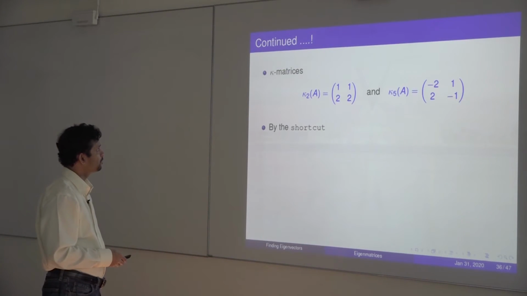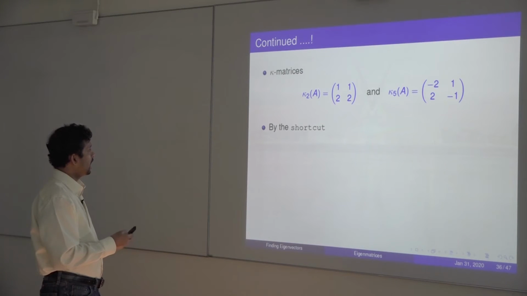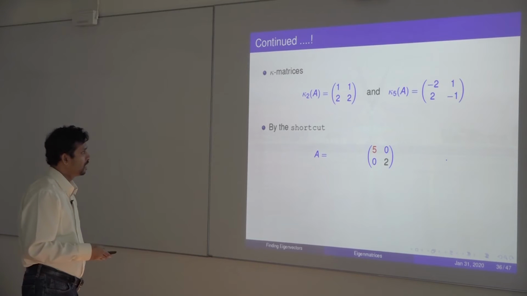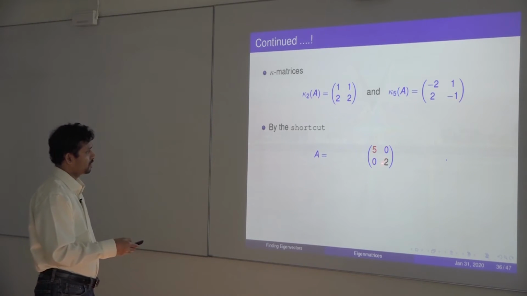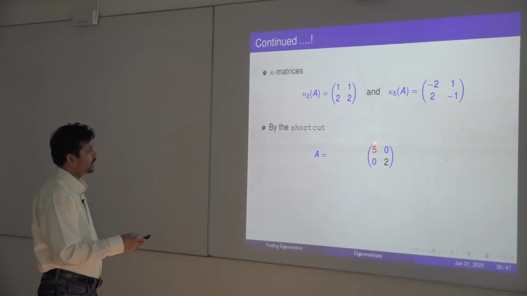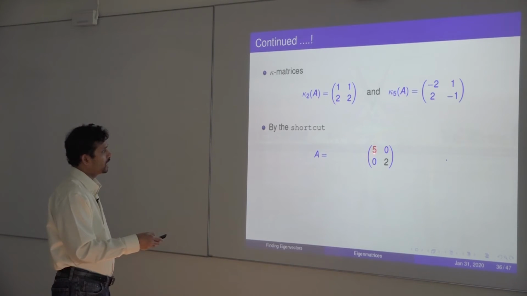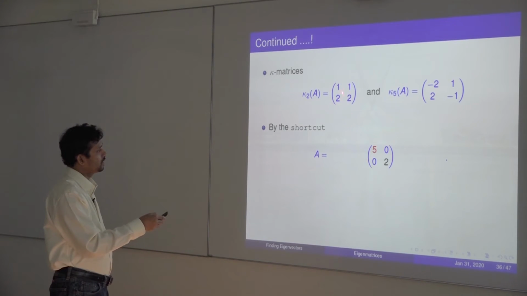Okay, so we have those two now, and by the shortcut, what we're trying to do is diagonalize the matrix. We put the eigenvalues first in the diagonal, that's the D matrix. So 5 and 2. Now the eigenvectors of 5 we put there first, and then the eigenvectors for 2 come here.